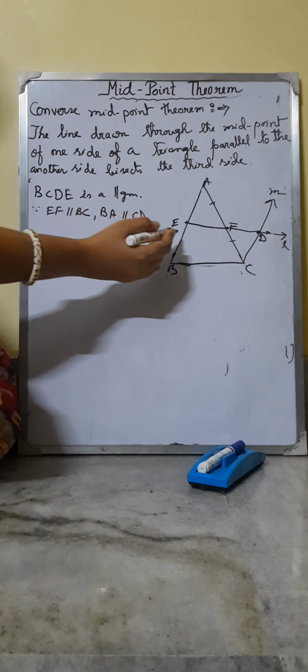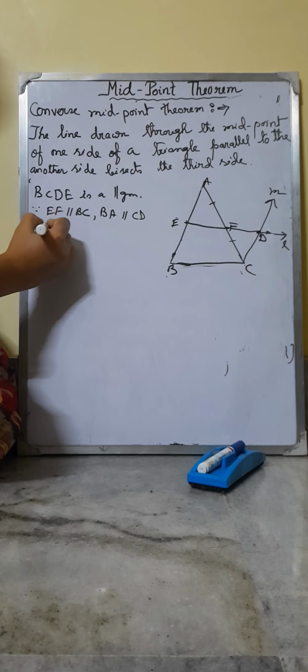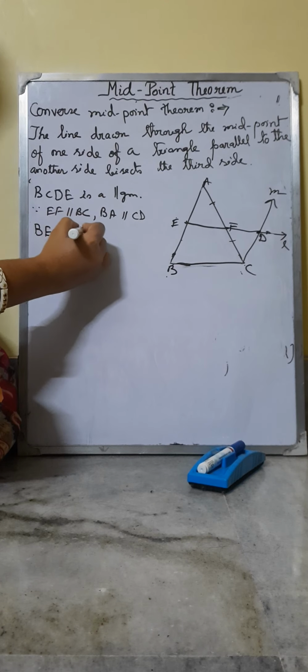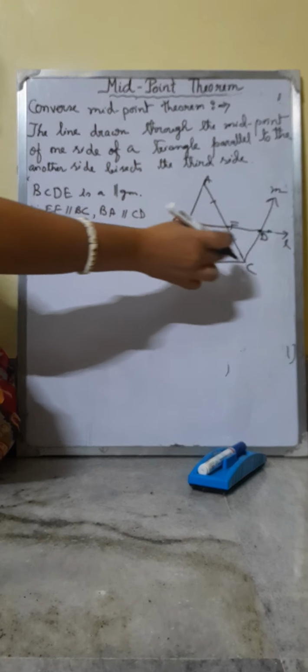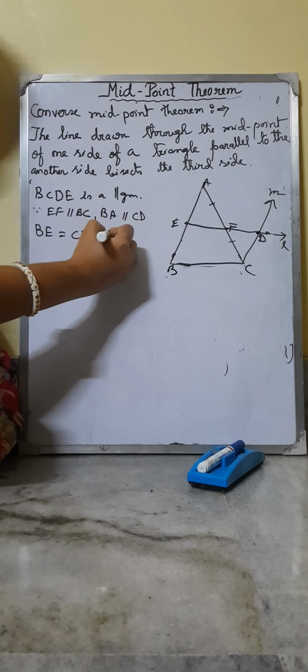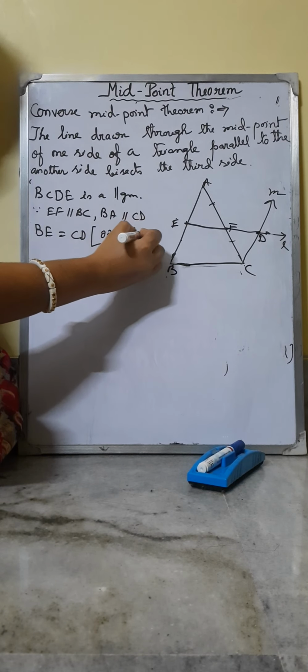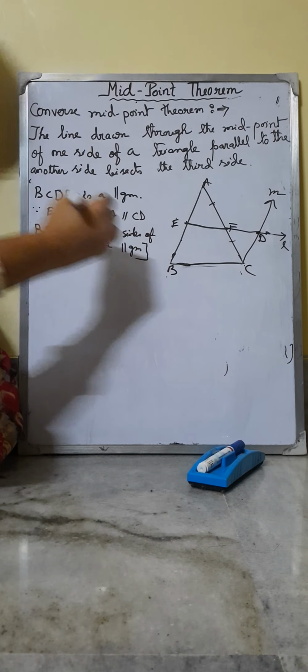Now BE equals CD. Why? Because this is a parallelogram, and in a parallelogram the opposite sides are parallel and equal.